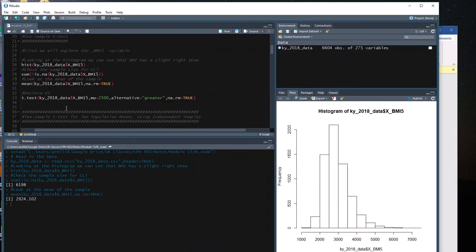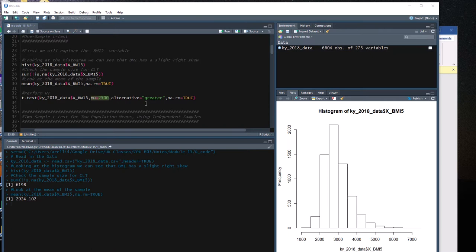So looking at the R code, what we've got here is we have read in the BMI variable, and you'll notice we're using the t.test function. We also used this when we made a confidence interval for a single mean, but I'm going to give it some extra information. I've got to give it the value mu. This is the value that mu takes under the null hypothesis. So again, our question is really about BMI greater than 2,500, but we have to convert this over to the format that the data is in.